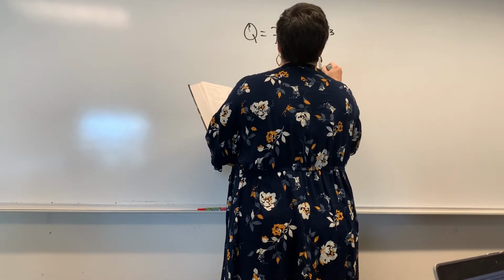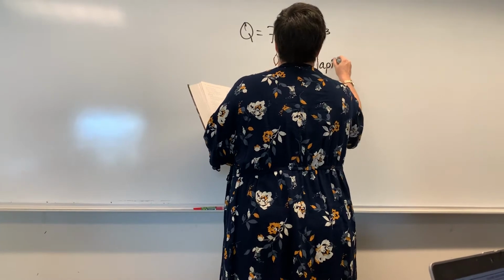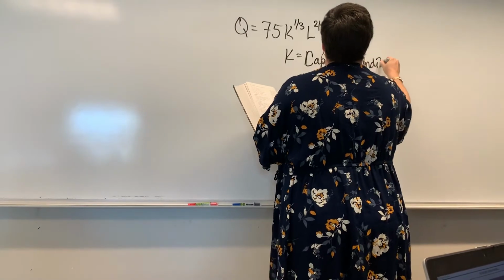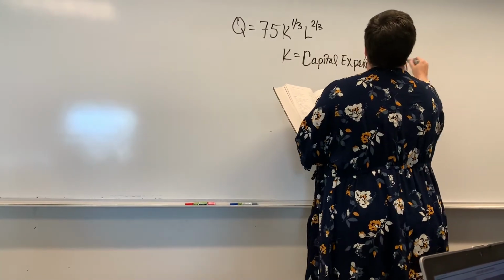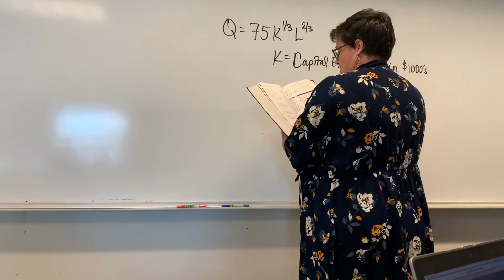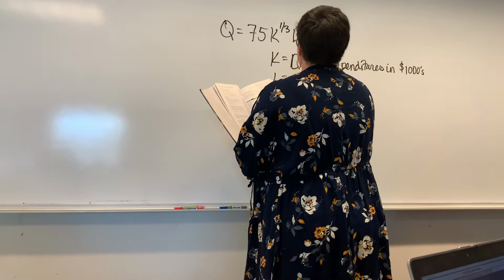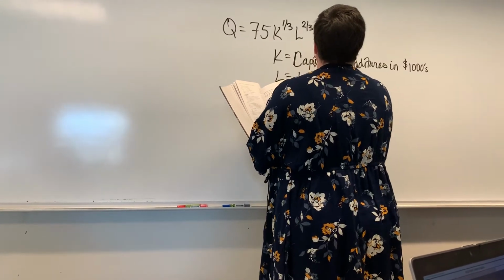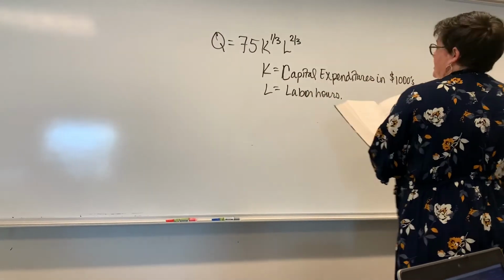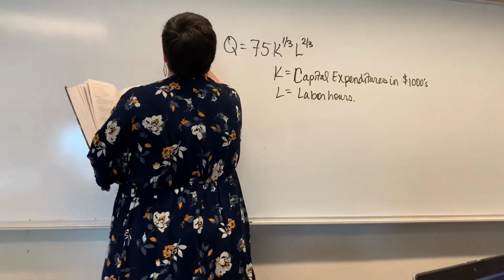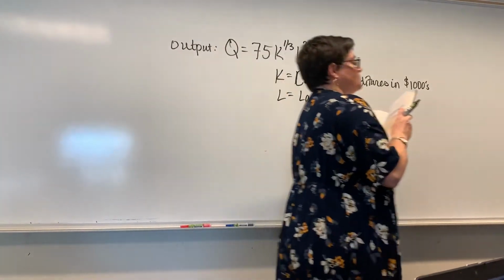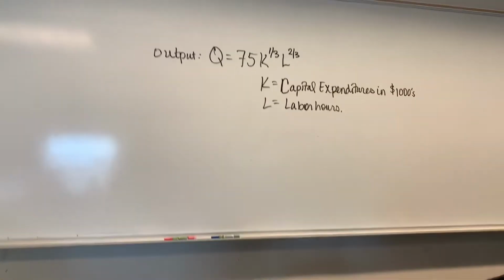I almost wrote that with the K. K is capital expenditures in thousands of dollars, and L is the number of labor hours. So this is output Q, produced, or whatever you wanna look at, okay?